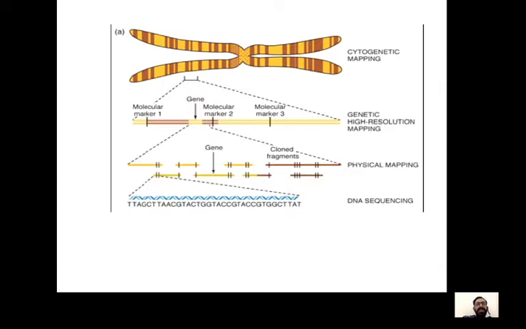This diagram elaborates more clearly. You can see a chromosome, and if we take a segment of this chromosome, then it has further parts which contain the molecular marker, the actual coding gene.